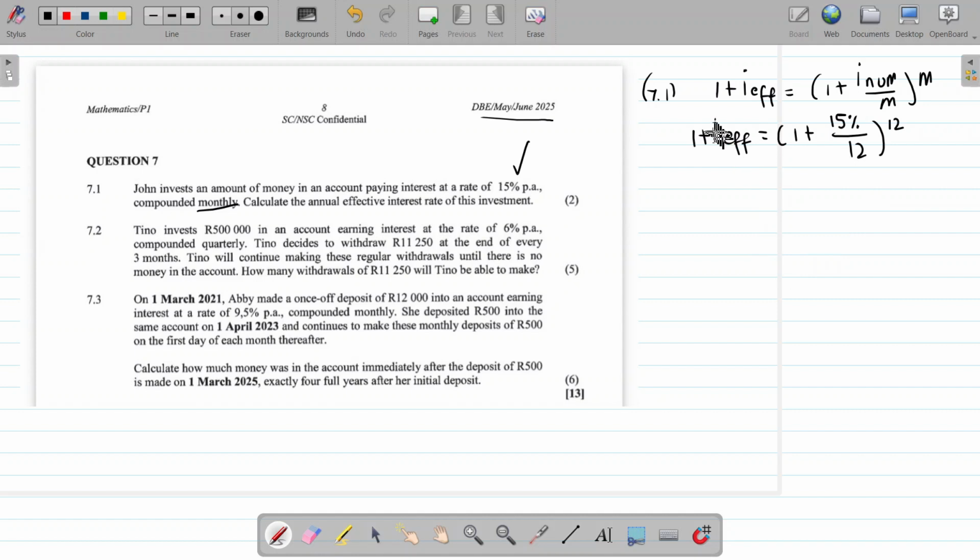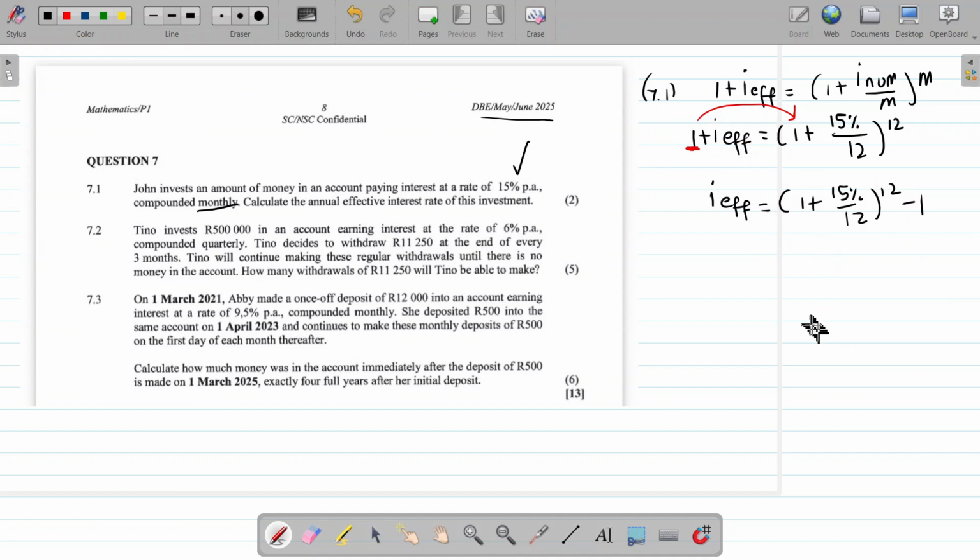Now, because we're looking for our i effective, we need to take this positive 1 over to the other side of the equal sign. And when we do so, it changes its sign from positive to negative. So we're going to have i effective equals 1 plus 15% over 12 raised to the 12, and then minus 1.